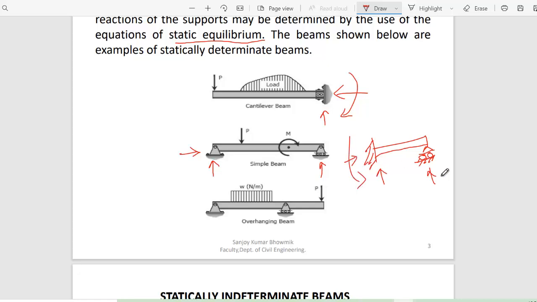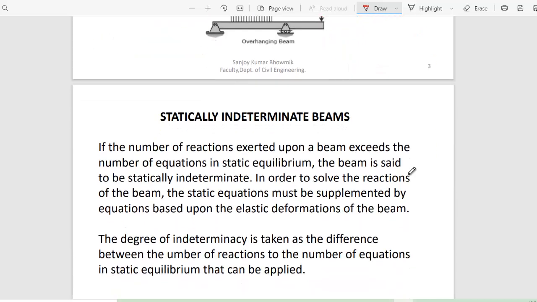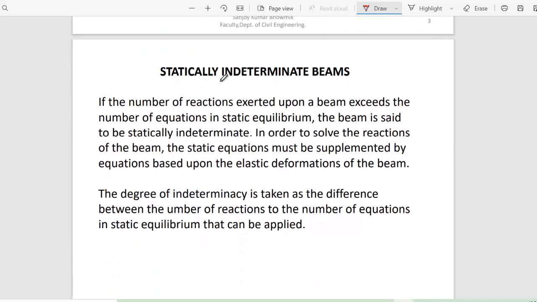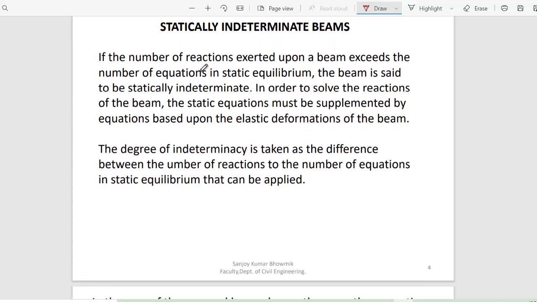So 3 plus 1, 4 unknowns. At that time we cannot say this is determinate. We can say this is an indeterminate beam. So statically indeterminate beams: if the number of reactions exerted upon a beam exceeds the number of equations in static equilibrium, that means if more than 3, the beam is said to be statically indeterminate.